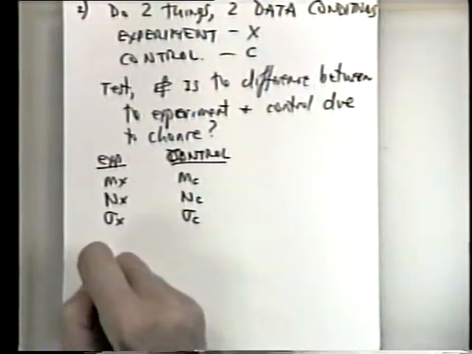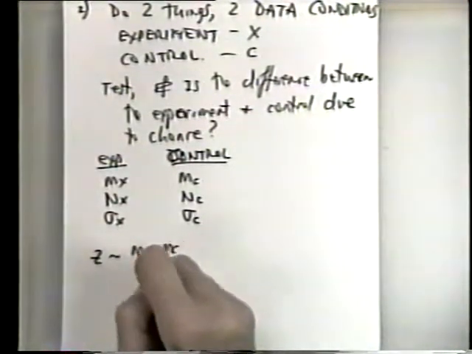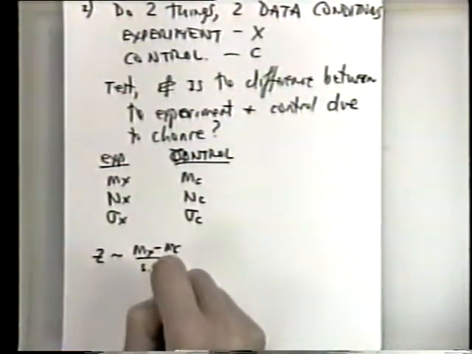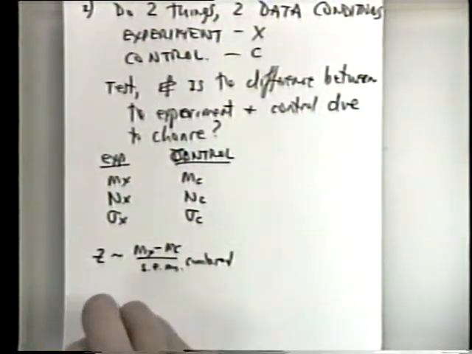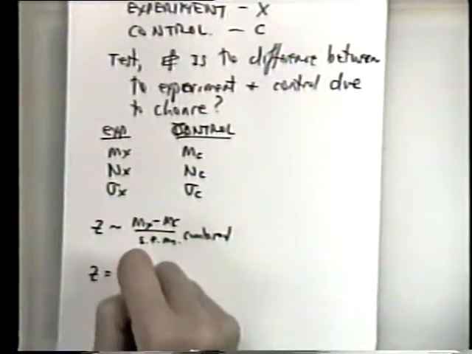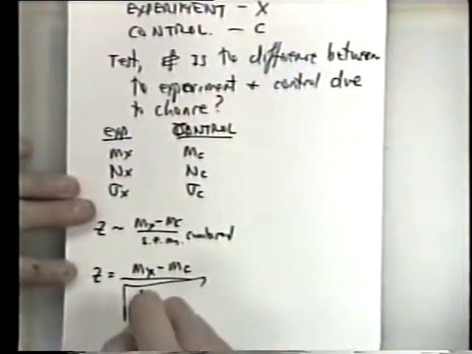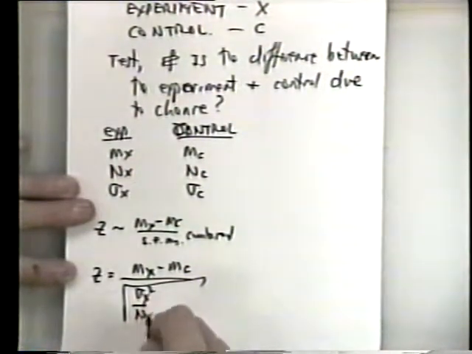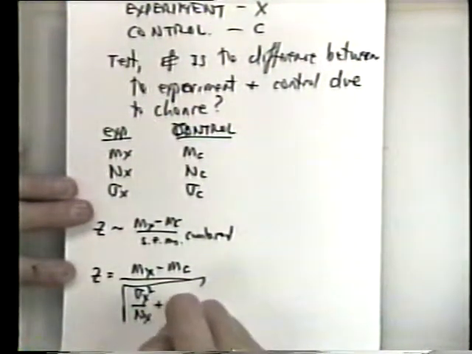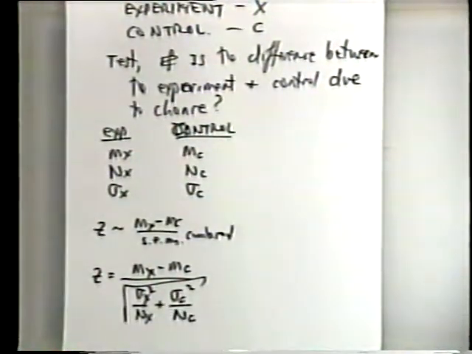And we can create the z statistic, which is, I said, something like the difference between the experiment and control over the SEM combined from both of them. And I showed that that was equal to mx minus the mean of the control divided by something that looked like this: the variance of the experiment squared plus the variance of the control squared divided by the numbers of the control.